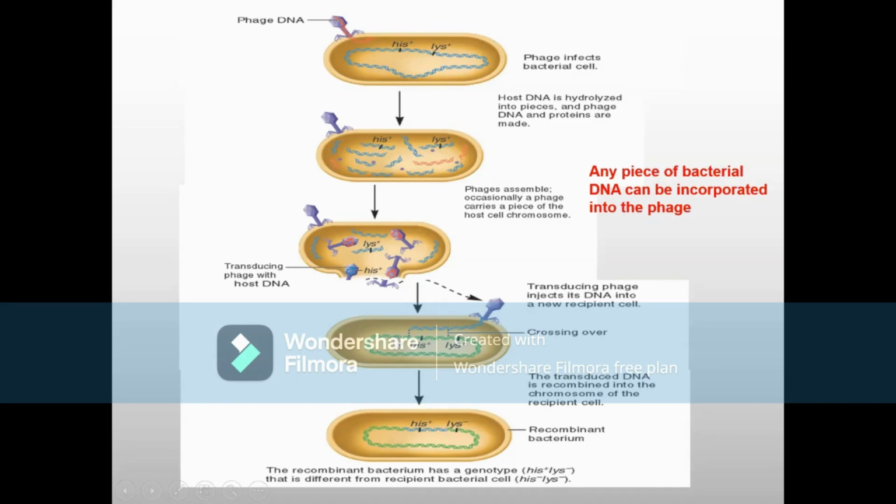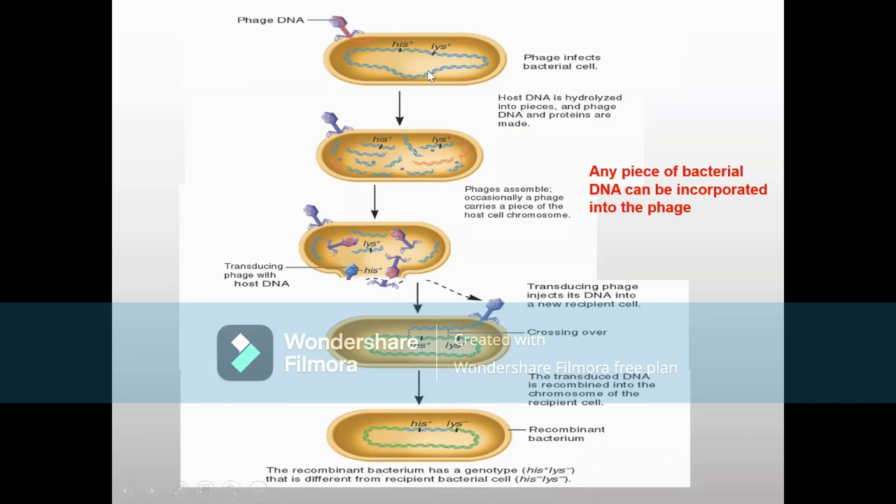So integration of this first host genome takes place into the other host. Here, this segment of DNA is from the first host, and it integrates into the other host. Suppose this host is lysine or histidine minus, and this host gets converted into histidine plus.